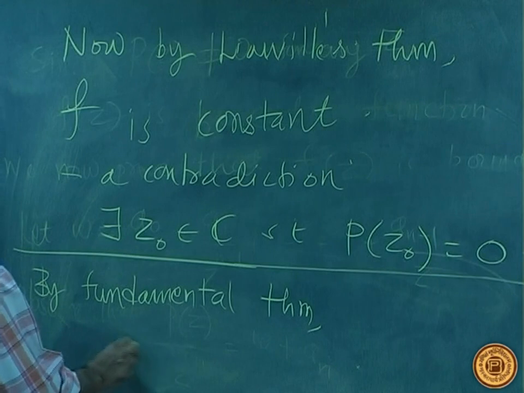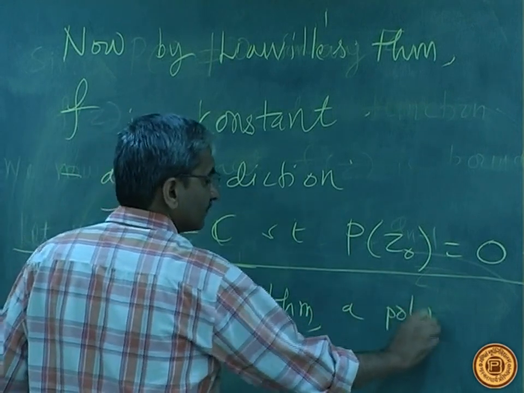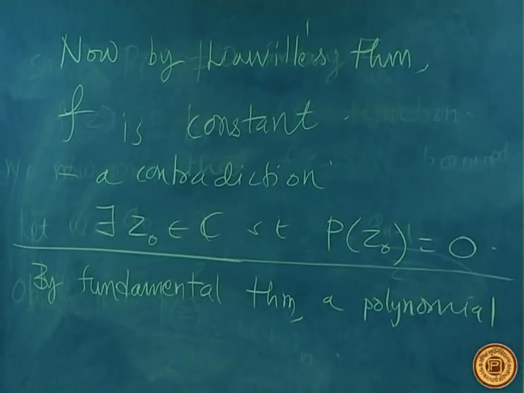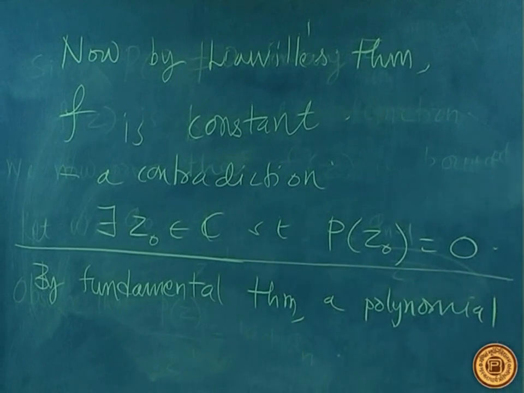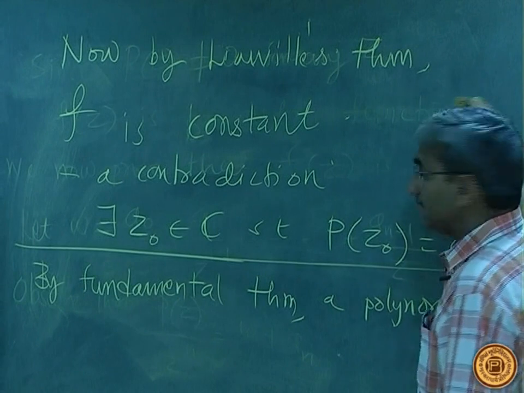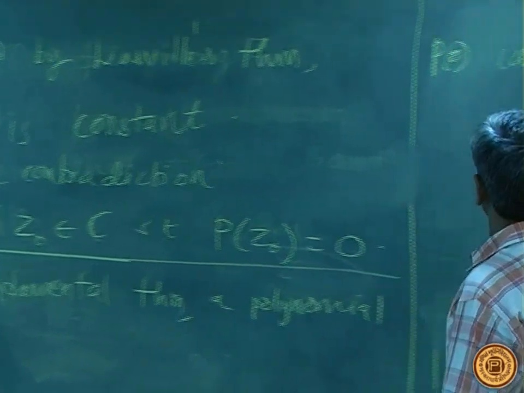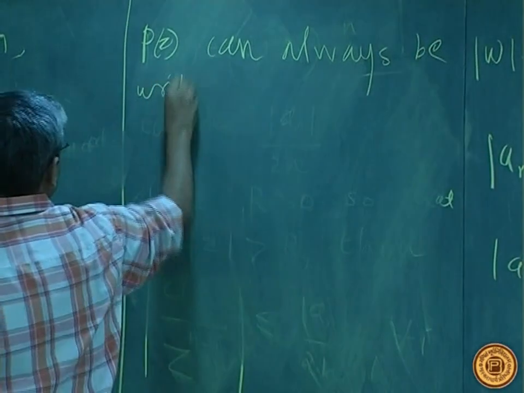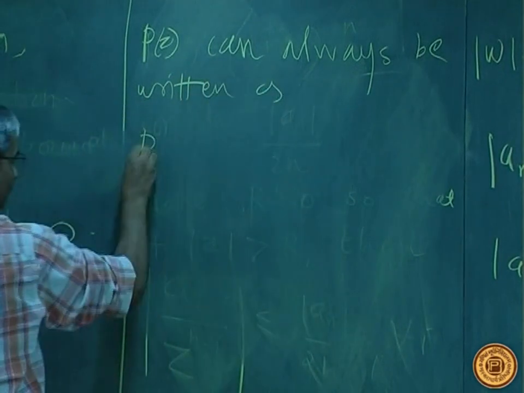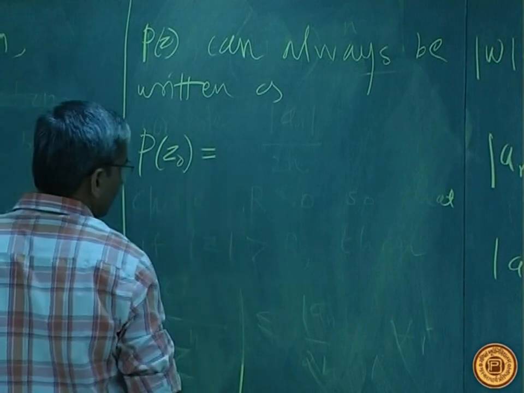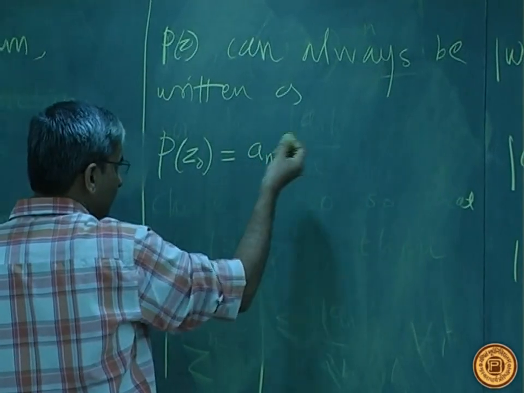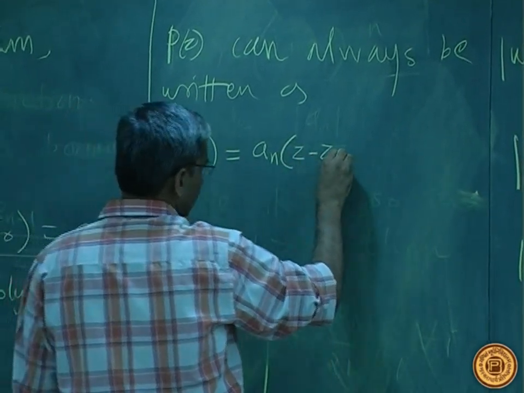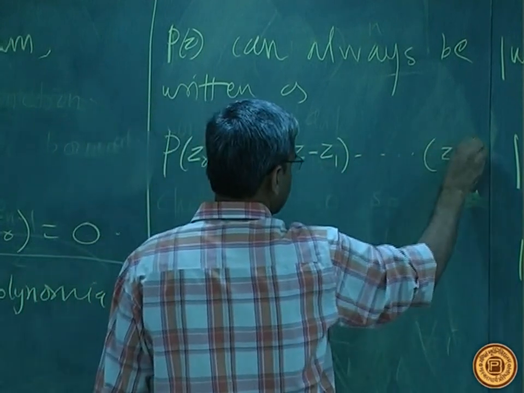That a polynomial P(z) can always be written as P(z) equal to a_n (z minus z1) ... (z minus zn), where a_n is the coefficient of z raised to n.